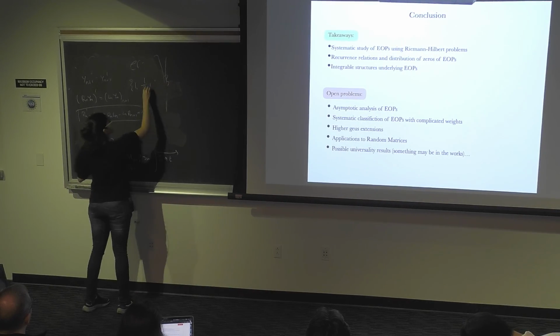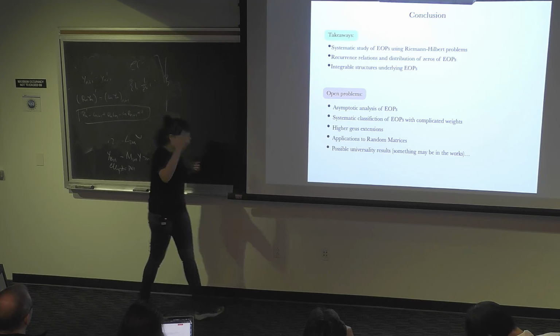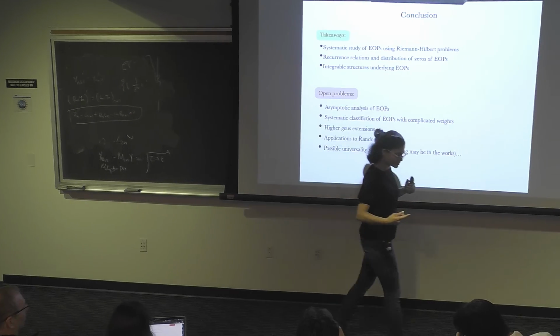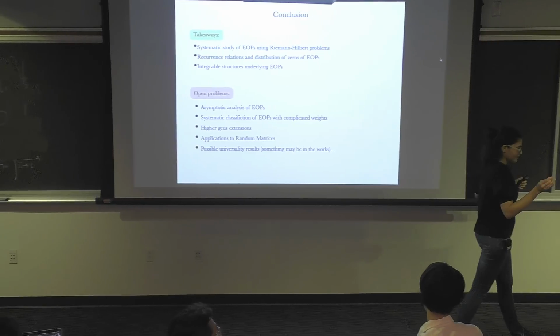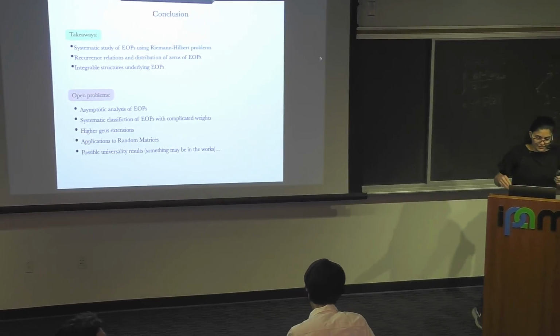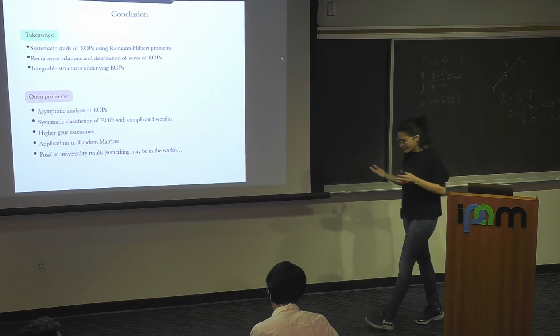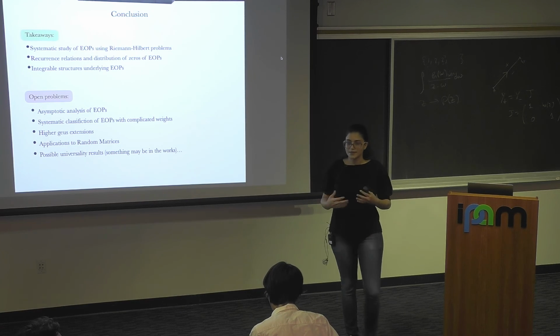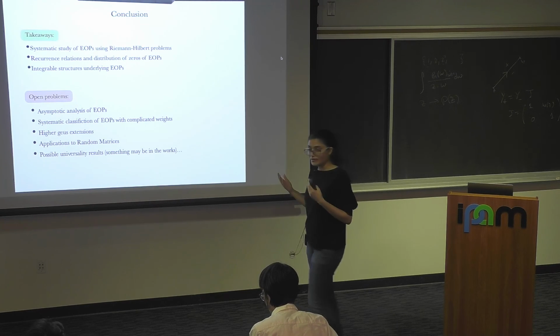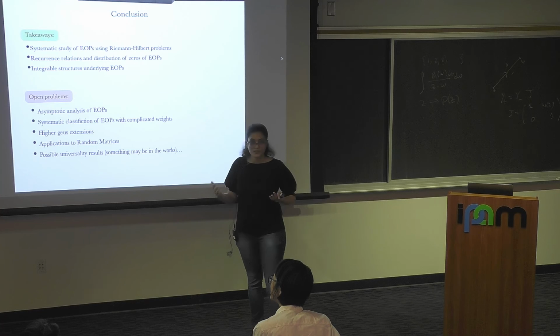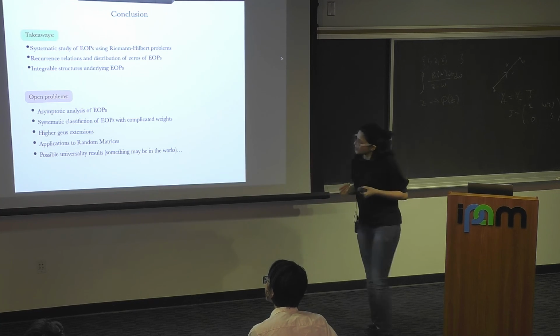So the first two things will be missing in the hyperelliptic case. For more general genus 2, I don't even know where to start. But if you restrict it to hyperelliptic case, then there are several hints about how to generalize almost everything, and it'll be very interesting to see what kind of integrable structures are underlying them.